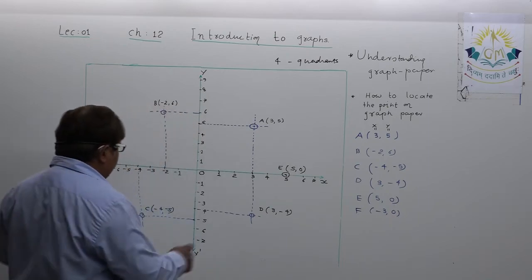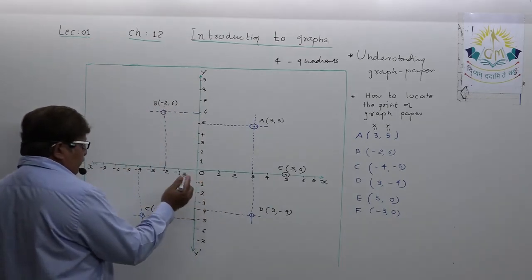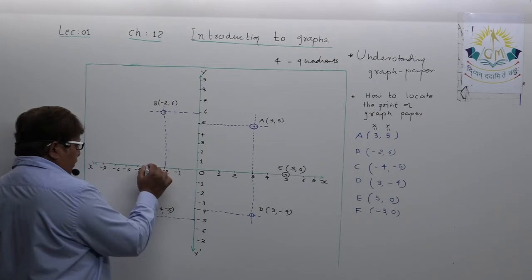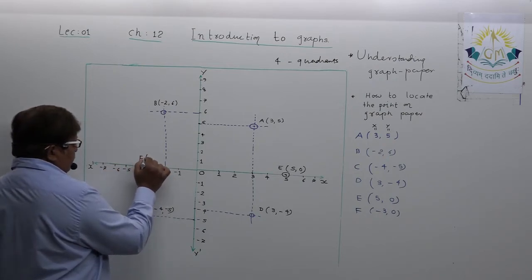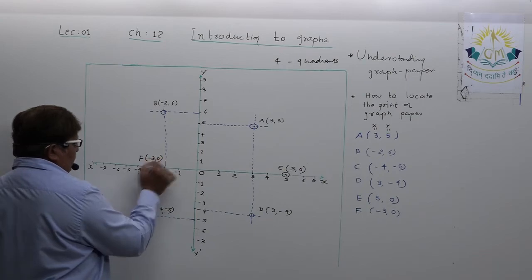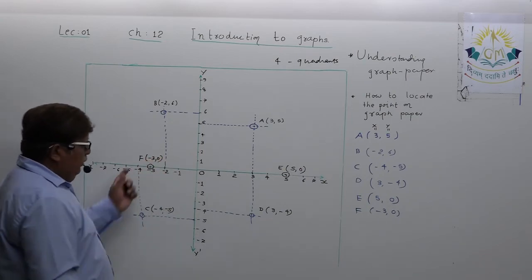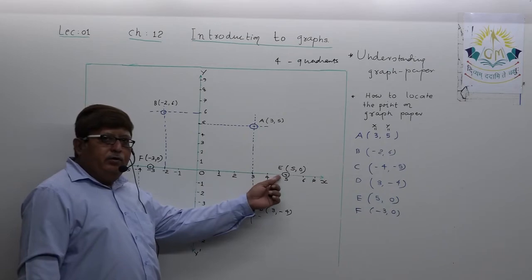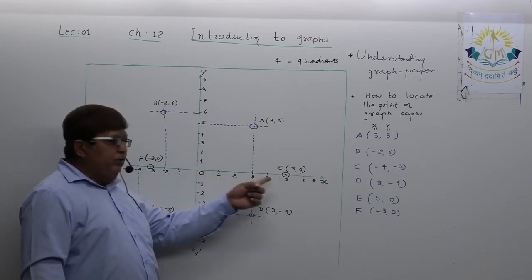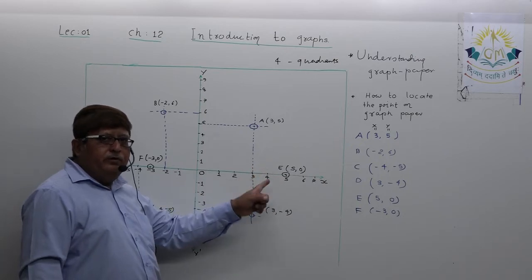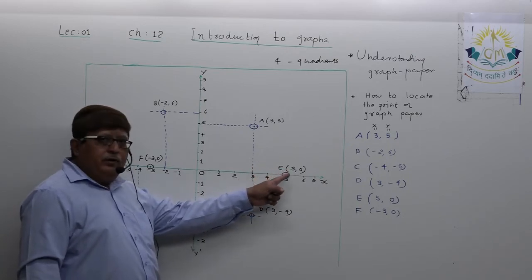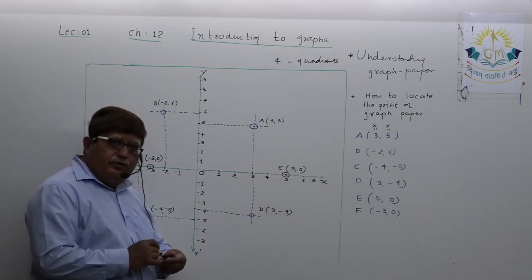So you just look on the graph paper for the x coordinate -3. You do not have to worry about the y coordinate. F (-3, 0). What is the speciality of both the points? Both the points are lying on the x axis because they have y coordinate 0.